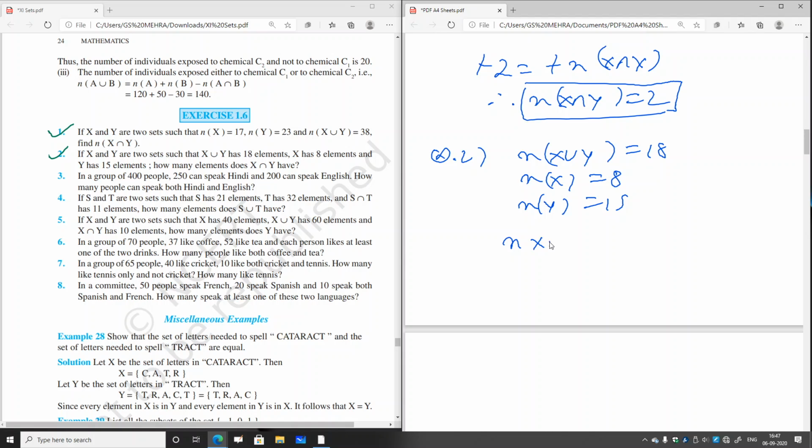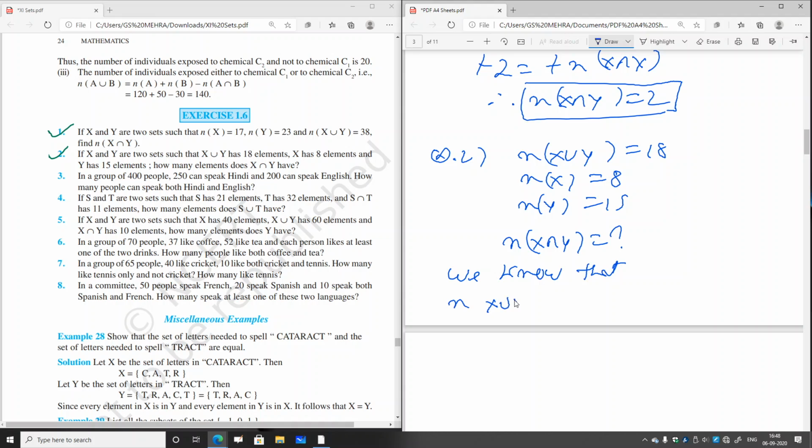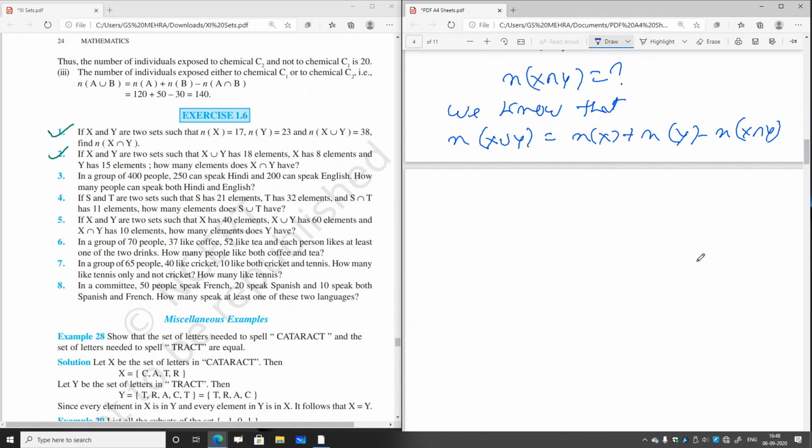n of X intersection Y equal to, so we know that, we'll write down the formula here. n of X union Y equal to n of X plus n of Y minus n of X intersection Y. Putting the values, 18 equal to n of X is 8 plus n of Y is 15 minus n of X intersection Y, which we have to find.